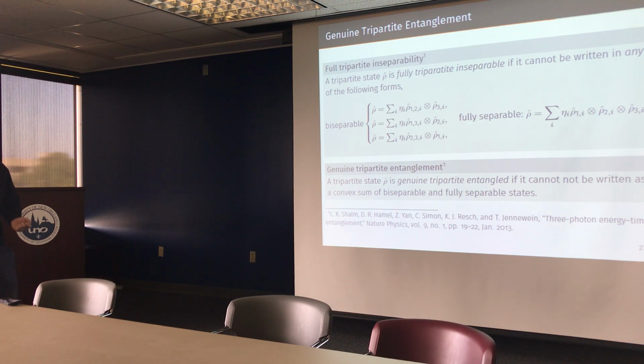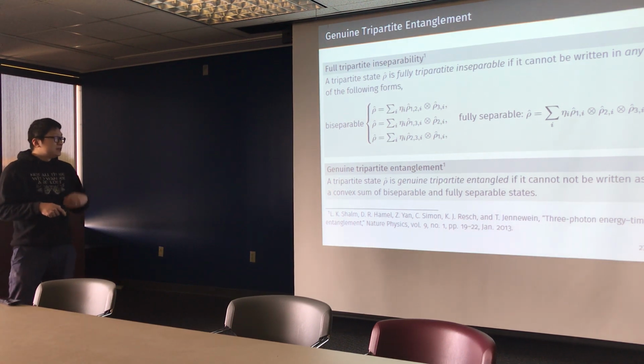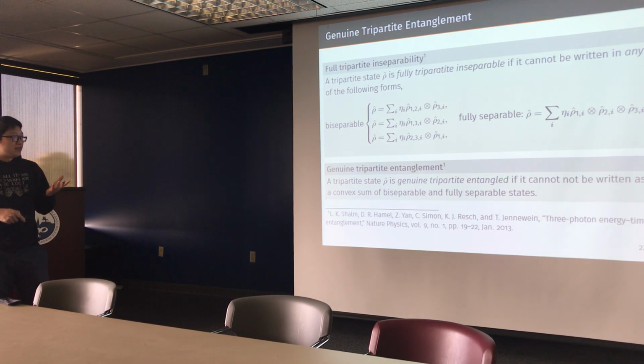And the fourth case is the fully separable case. So if rho cannot be written in any of these forms, it's full tripartite inseparable. But genuine tripartite entanglement means that rho cannot be written as a convex sum of biseparable and fully separable states, so cannot be written as a convex sum of these three terms.